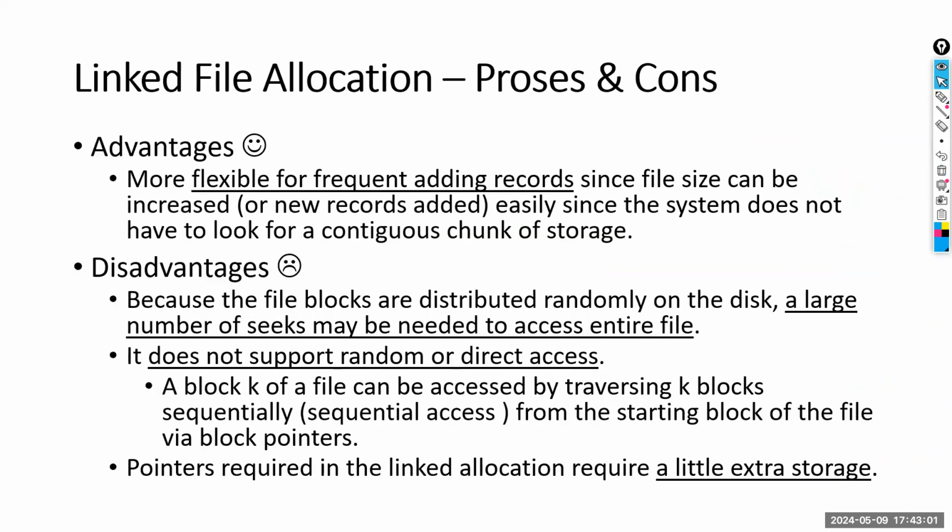So the advantages are, we are not looking for contiguous physical blocks. So therefore, we don't worry too much about fragmentation and so on when it comes to linked file allocation.